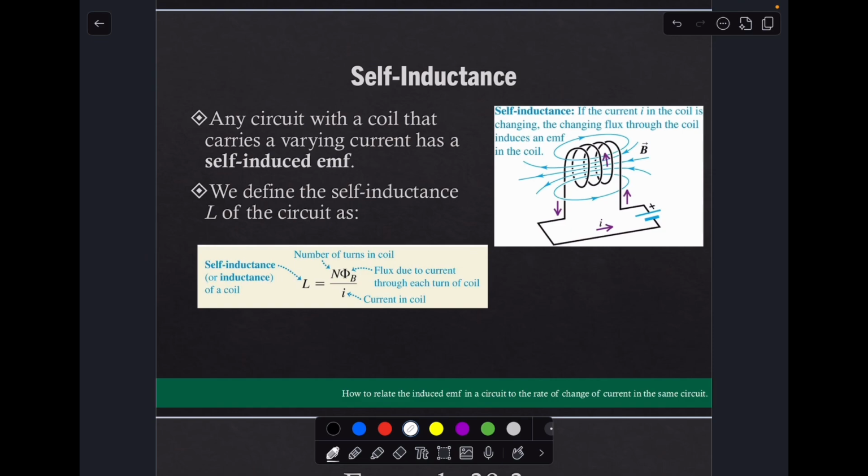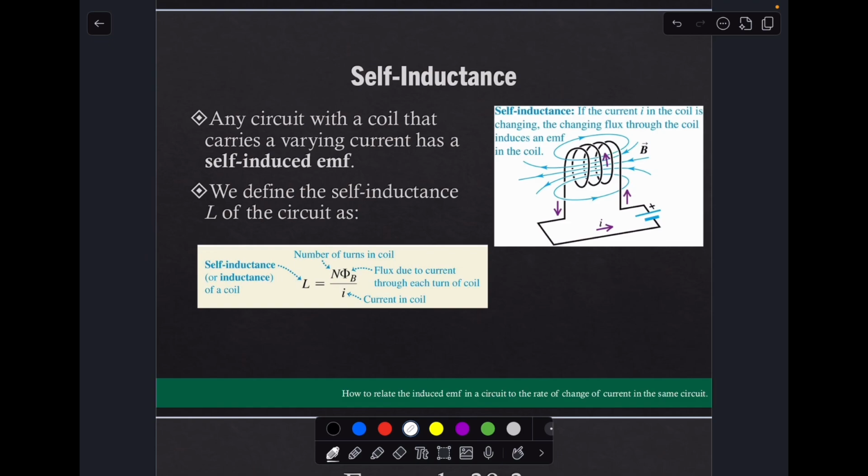This coil that has a changing current produces a field in the center of it, and that field will produce its own induced current in that same circuit, right? Because anywhere you have a field that's changing with time, you will have a flux change, and thus you will get a current.